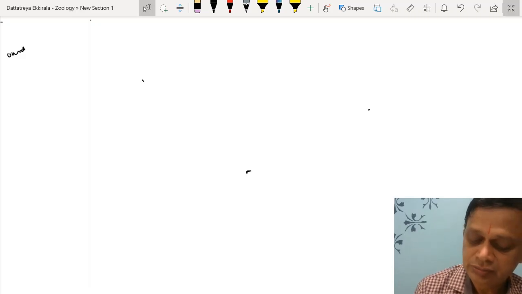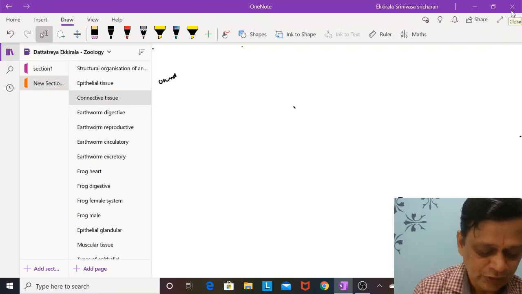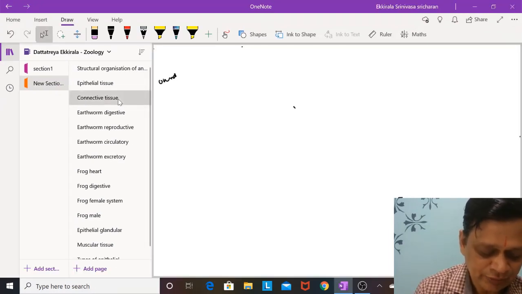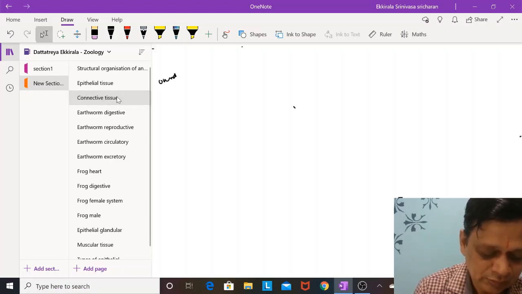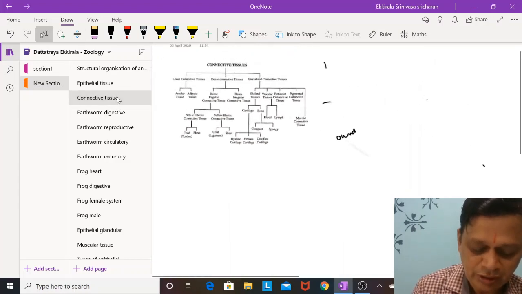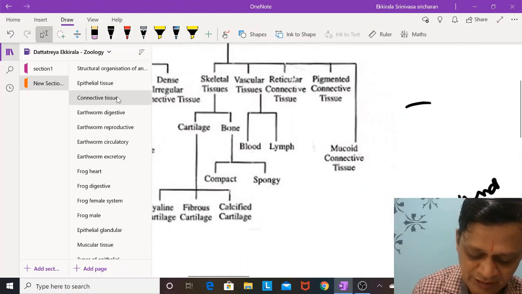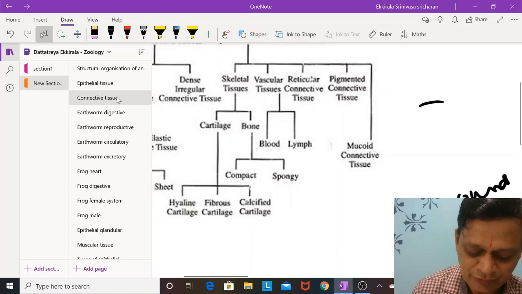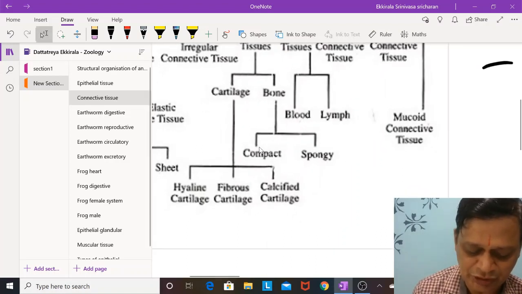Now, in this connective tissue you can see bone and cartilage, two important types of supporting tissues, and bone can be compact and spongy.